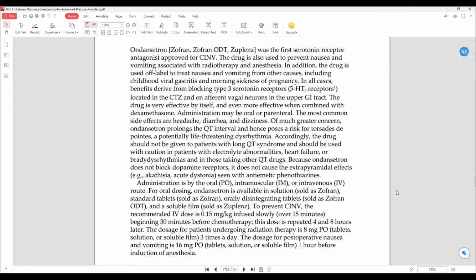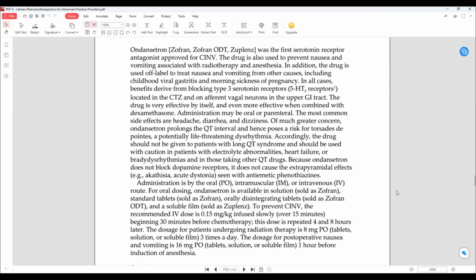Accordingly, the drug should not be given to patients who already have long QT syndrome and should be used with caution in patients with any kind of electrolyte abnormalities, heart failure, or bradydysrhythmias, and in those taking other QT-prolonging drugs. Because Zofran does not block dopamine receptors, it does not cause the extrapyramidal effects, so akathisias or acute dystonias, seen with antiemetic phenothiazines.